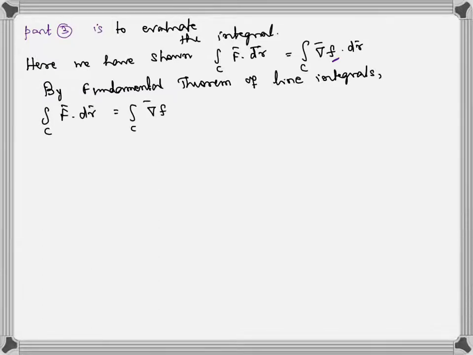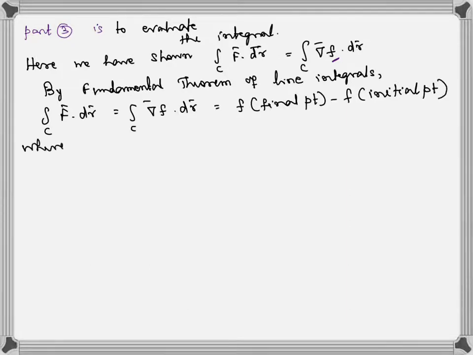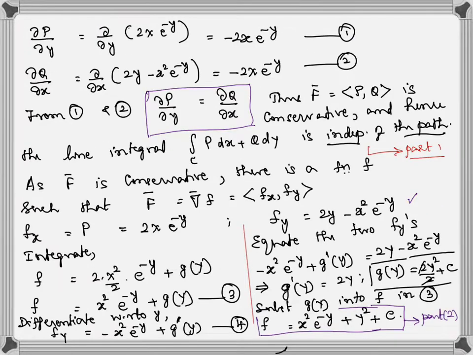The integral over C of F dot dr is the integral over C of del f dot dr, which is just f at final minus f at initial, where f is what we found in the previous slide, which is x squared e to the negative y plus y squared plus C.